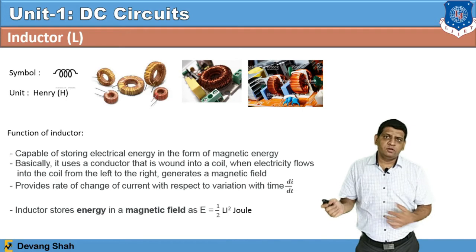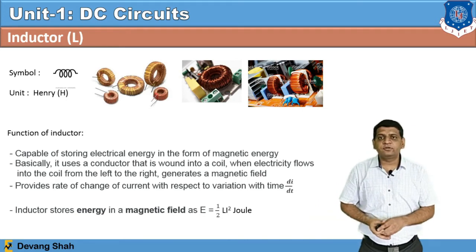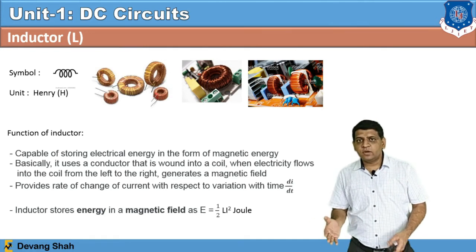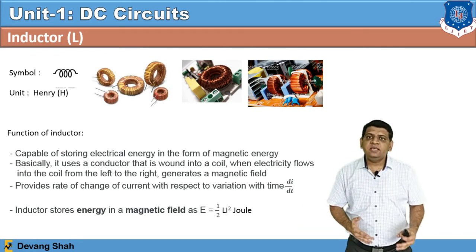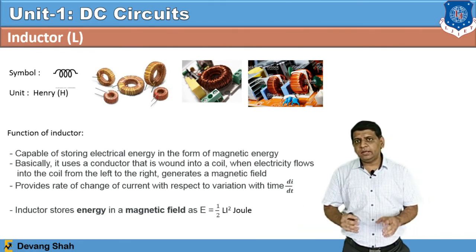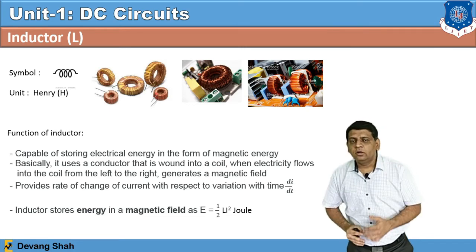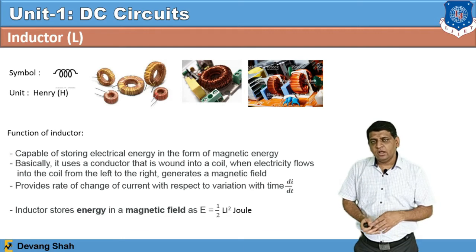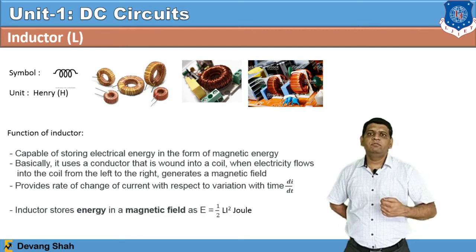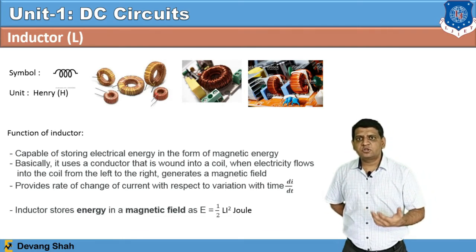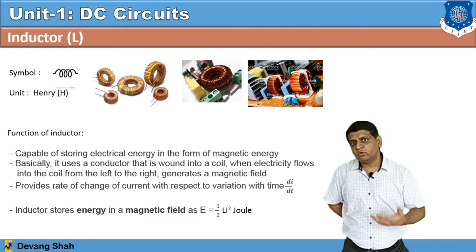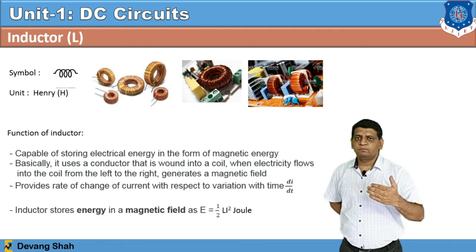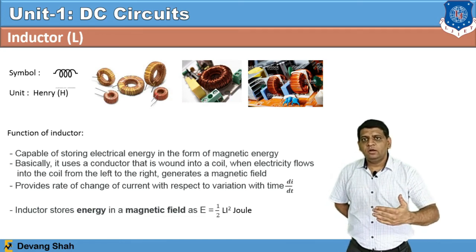Now, we forgot to discuss the energy stored in a capacitor: W is equal to 1 half C V square, while the energy stored in an inductor, E, is equal to 1 half L I square. Capacitor and inductor both behave with respect to the rate of change with time.